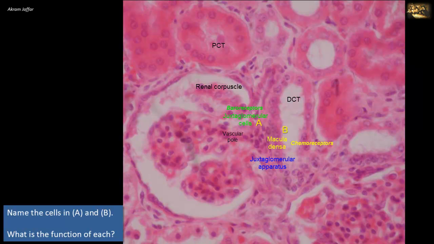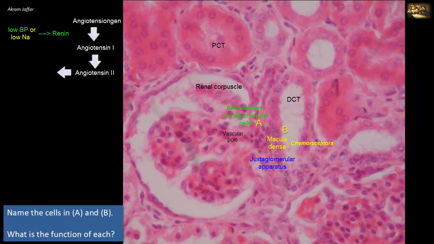Low systemic blood pressure or low sodium concentration in the filtrate causes release of renin into the bloodstream. Renin converts the plasma protein angiotensinogen into angiotensin 1, which is then converted into angiotensin 2 by endothelial enzyme in the lung capillaries.